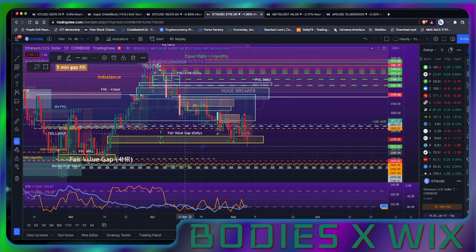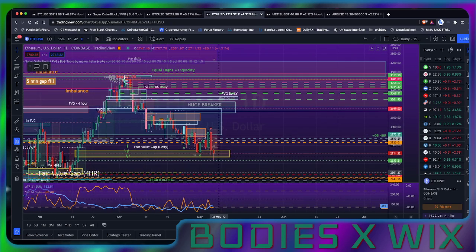So interesting place there for it to bounce off, but now it looks like it might do a bullish move. It looks like we have some equal highs here as well that it might shoot for.